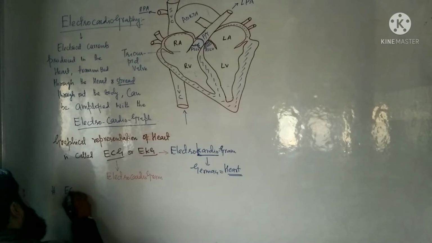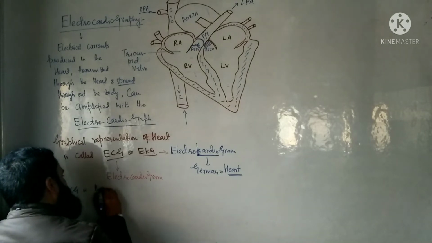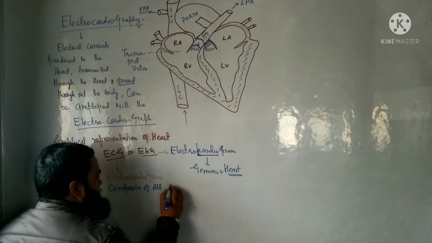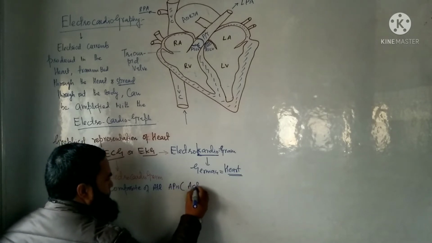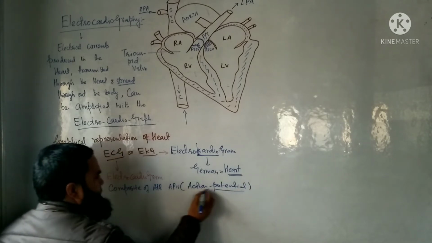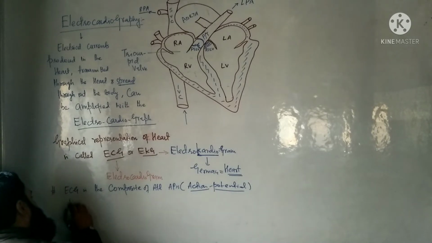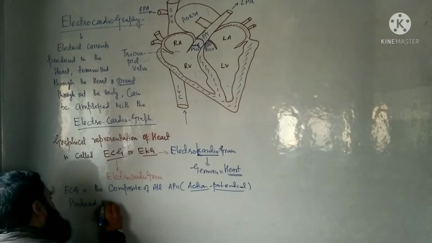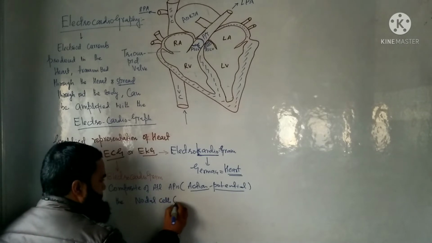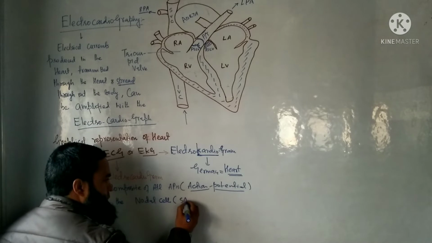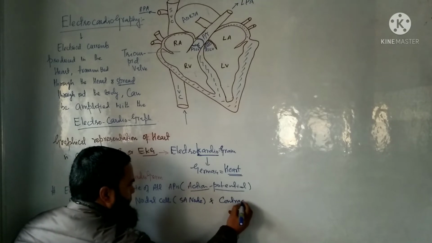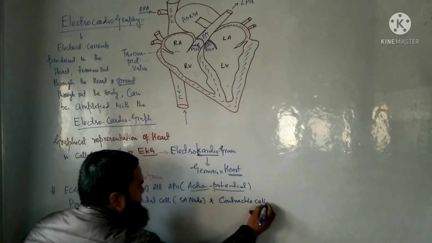The ECG is the composite of all APs. APs means action potentials produced by the nodal cells, in the form of, I have told you, the SA node, and other contractile cells of the heart.